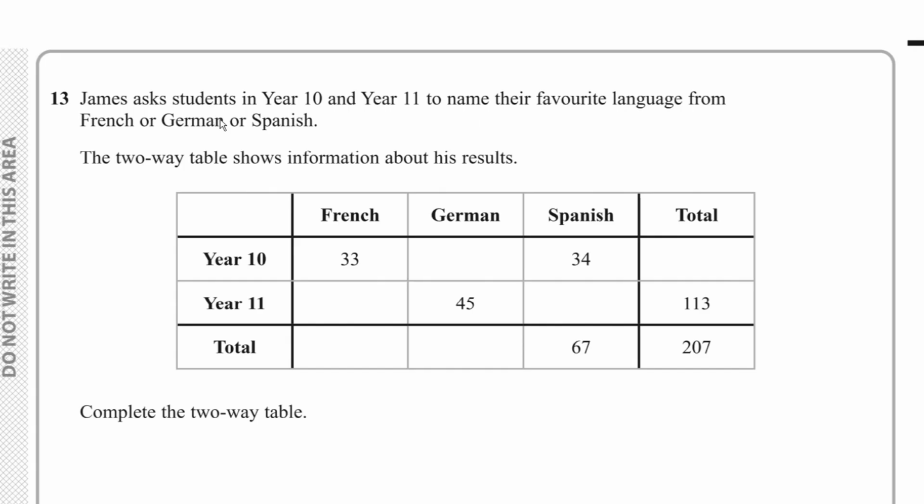Question number 13. James asked students in Year 10 and Year 11 to name their favourite language from French or German or Spanish. The two-way table shows information about his results. We have to complete the two-way table.